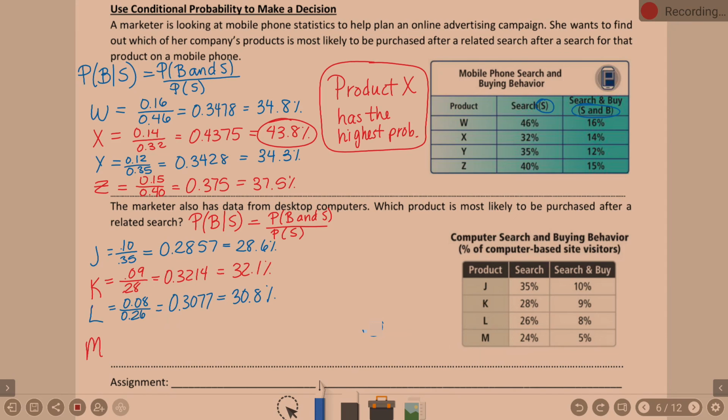And M, 5% divided by 24% is 0.2083, which would round to 20.8%.